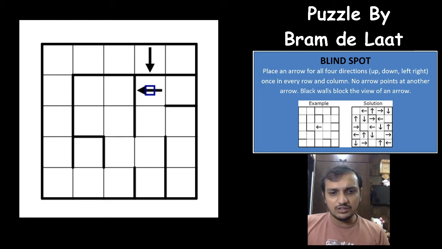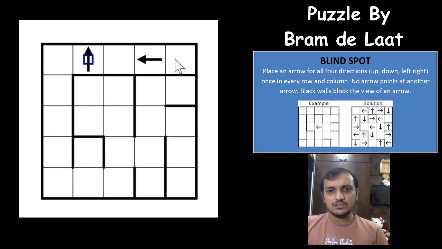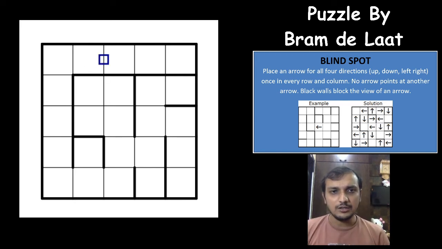In this case this is possible: this arrow is pointing downwards, but it isn't pointing toward this arrow because you have a wall in between. But you cannot have this case here, where this arrow is pointing towards this arrow and there is no wall in between. So very simple rules, but a really different kind of genre here.